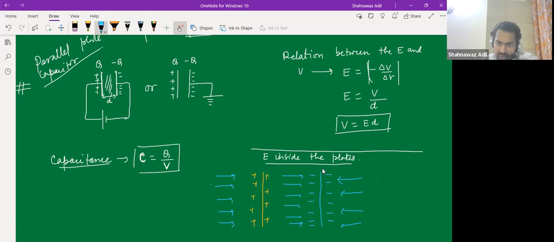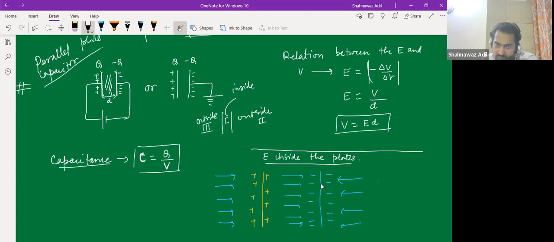We have three regions. This is the parallel plate. This is inside, this is outside, and this is outside. So how many regions do we have? This is one, this is second, this is third.